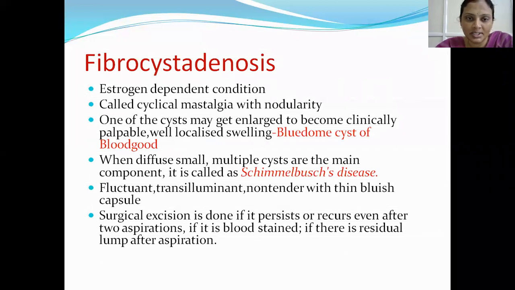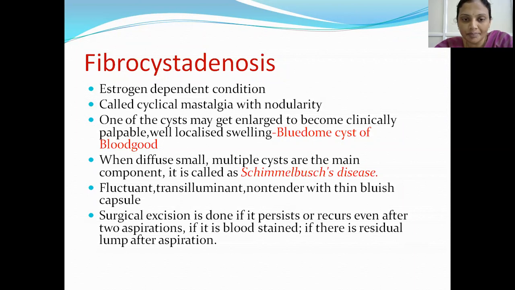Coming to fibrocystic adenosis. This benign disorder is an estrogen dependent condition, also called cyclical mastalgia with nodularity. One of the cysts may get enlarged to become a clinically palpable, well-localized swelling called blue dome cyst of Bloodgood.